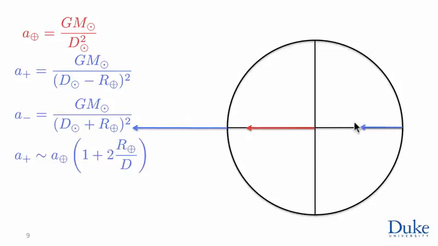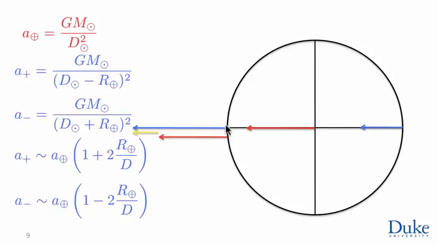And we can make a similar calculation over here. The difference will be this plus sign will turn into a minus sign when we multiply it by minus 2. So we can write the acceleration over here in a similar form. Now this suggests rewriting this as a sum of two terms, the acceleration with which the Earth approaches, and then an extra little bit.